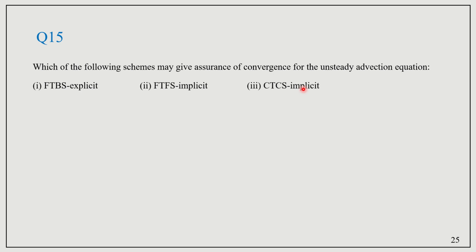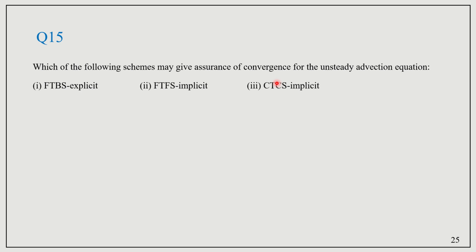So here the equation under consideration is the unsteady advection equation, and we are given three schemes: FTBS, forward time backward space explicit; second, forward time forward space implicit; and third, central time central space implicit. As I mentioned earlier, mostly explicit schemes will be conditionally stable and implicit schemes will be unconditionally stable.